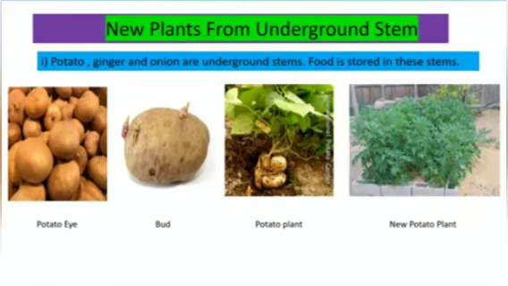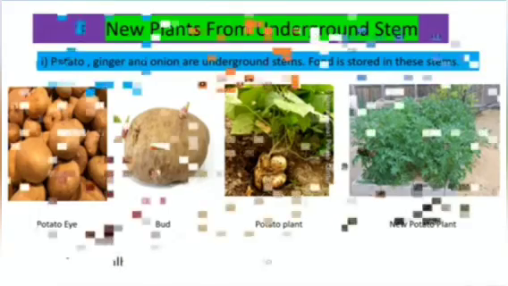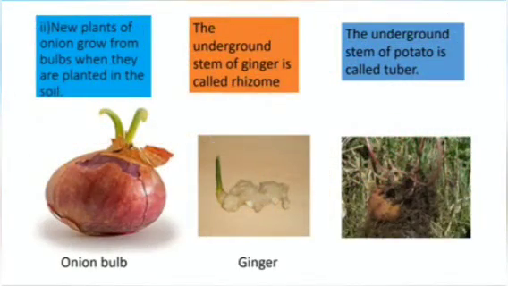When we place them in the soil, a new plant grows from the bud as given in the picture. New plants of onion grow from bulbs when they are planted in the soil. The underground stem of ginger is called a rhizome and the underground stem of potato is called a tuber.